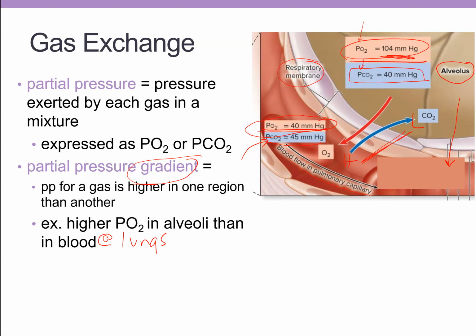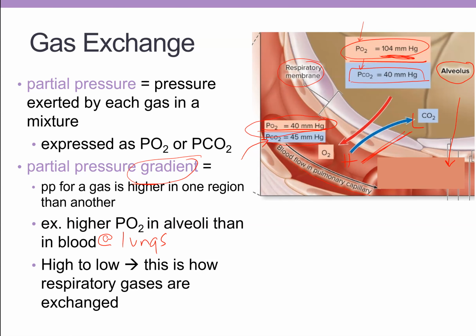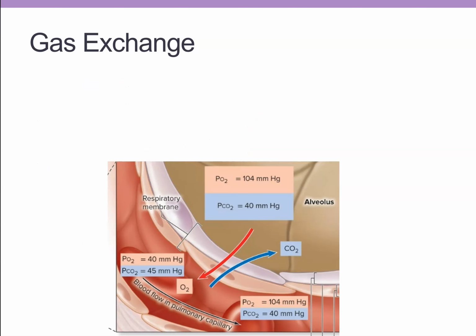So they're just moving in opposite directions because their pressure gradients are opposite of each other. All right, that is how the respiratory gases are exchanged. High to low pressure, but each gas follows its own pressure gradient. So at the alveolus, it's this direction.